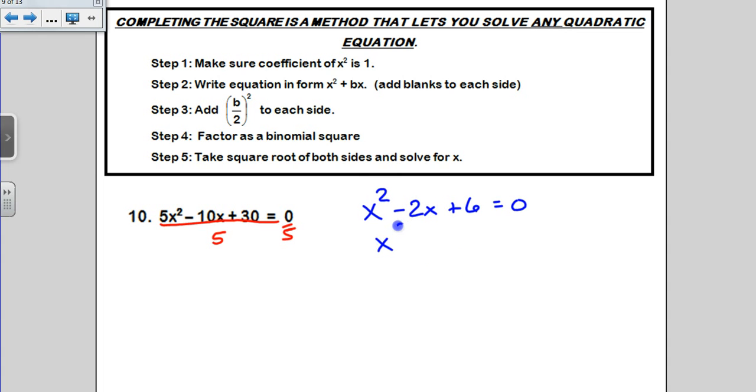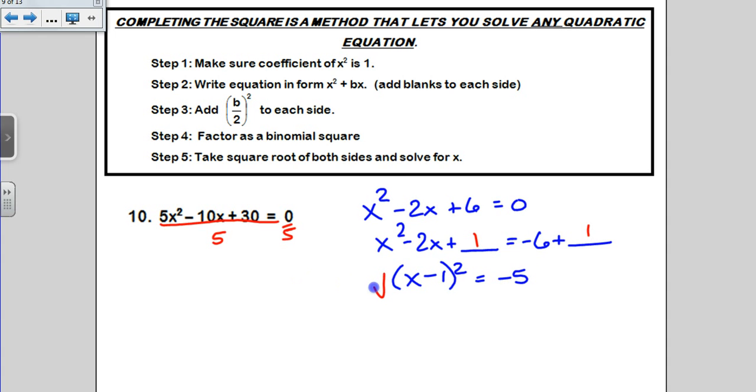I'm going to subtract the 6 over, and at the same time, I'm going to leave a blank for all my c values. Half of negative 2 is negative 1, squared is positive 1. Here on the left-hand side, this factors into x minus 1 squared. Negative 6 plus 1 is a negative 5.